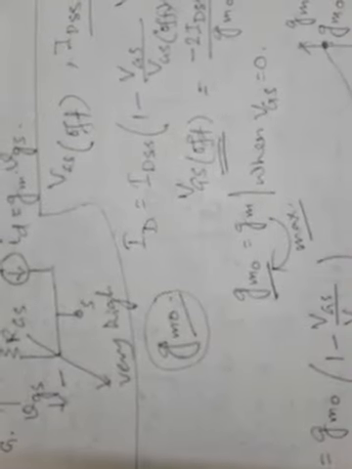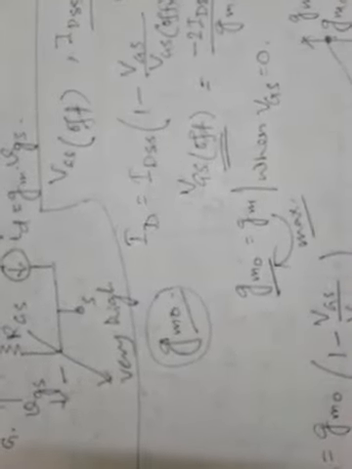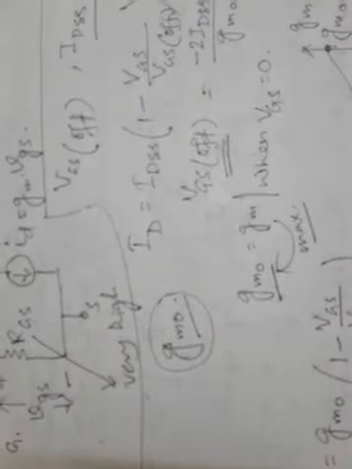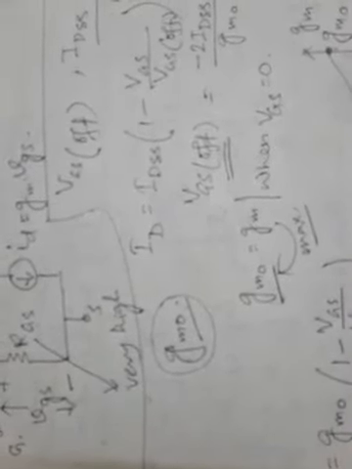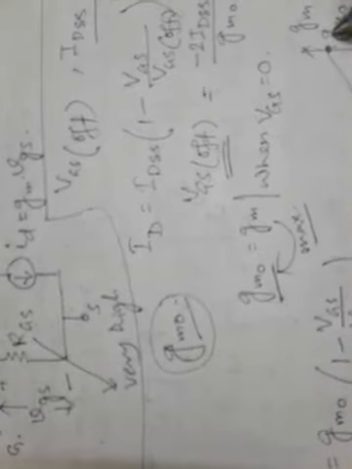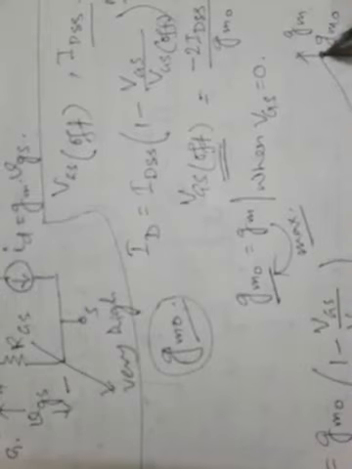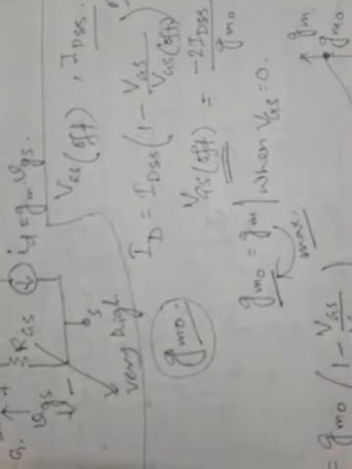So we can see here that as VGS becomes more and more negative going towards this side, the Gm will be coming down from its maximum value GMO towards 0. It will never become 0 actually, but it will decrease. That means the conductivity of the channel will be decreased.